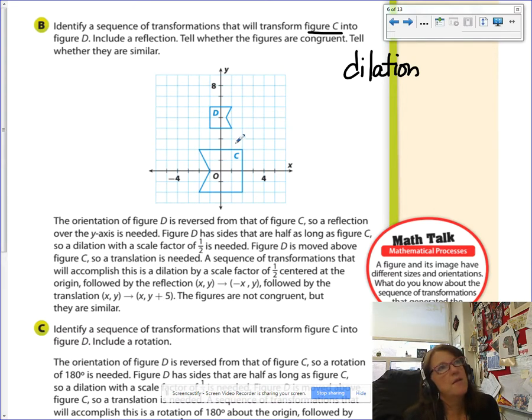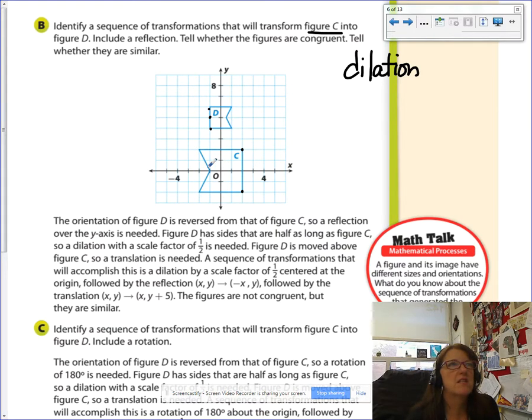Let's take a look at some of these side lengths. In my original, these are 1, 2, 3, 4 units long, and these ones are 2 units long. The top was 1, 2, 3, 4. This top is 2. This diagonal is a little more challenging to measure because I'd have to use the Pythagorean theorem, but take a look at what's happening.